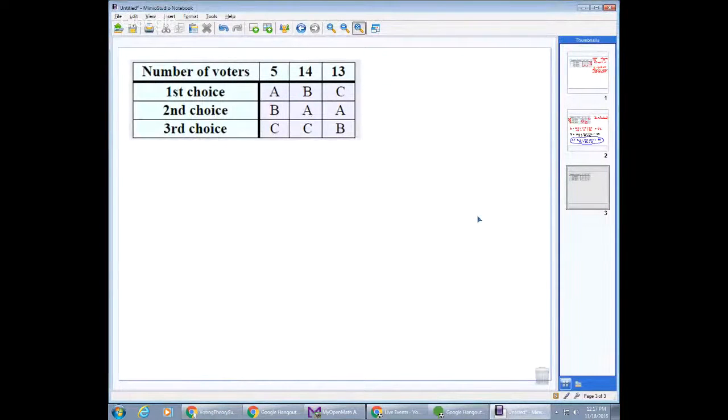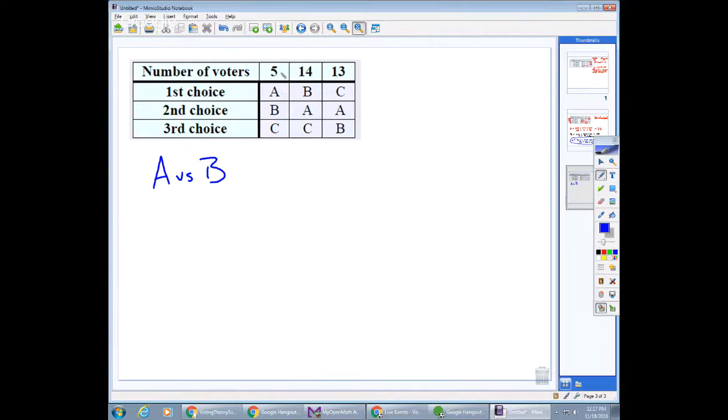Okay, so what we do is we analyze every pair of people that could have been up against each other. So first we'll take a look at A versus B. And I had done it in a table earlier, so I can show the table method in a minute too. It's not much different. All right, so with A versus B, let's see.